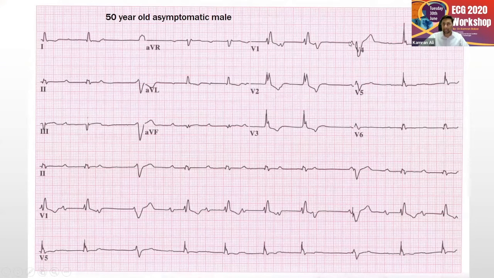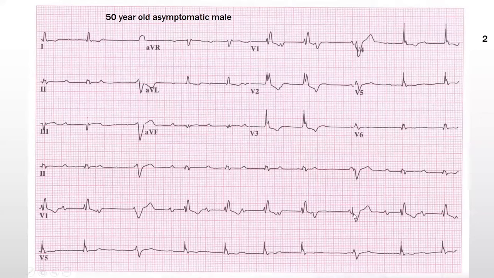But when there is a paced rhythm, the pacemaker lead is normally in the right ventricle. So the right ventricle gets earlier depolarization. And that's why the surface ECG sees it as if there is a left ventricular lag in electrical conduction.